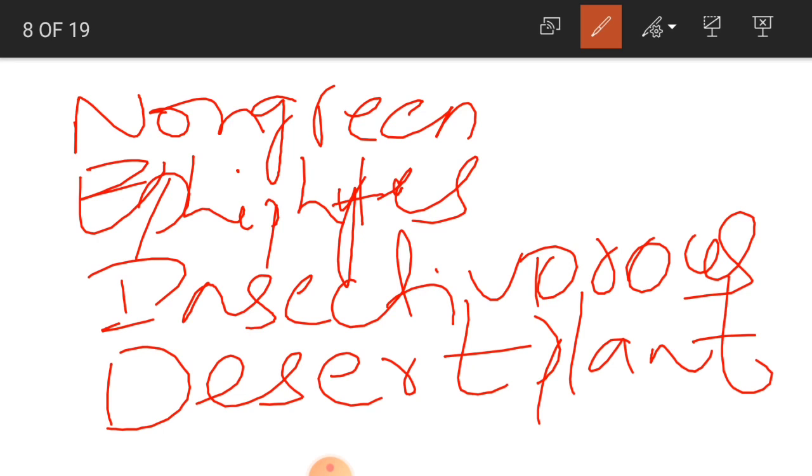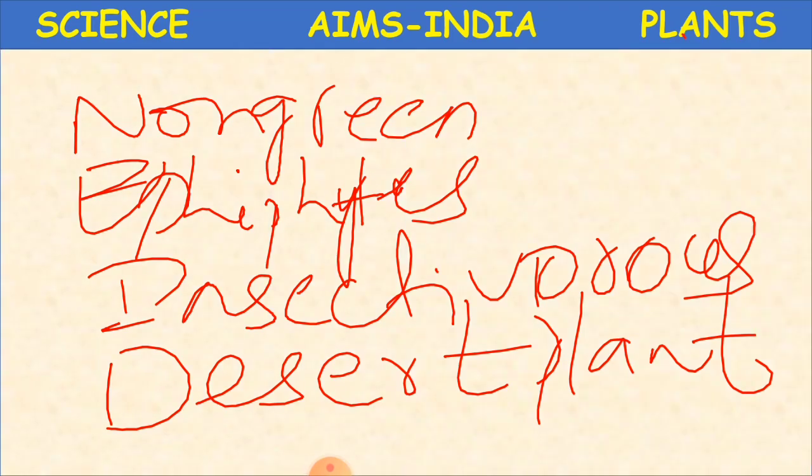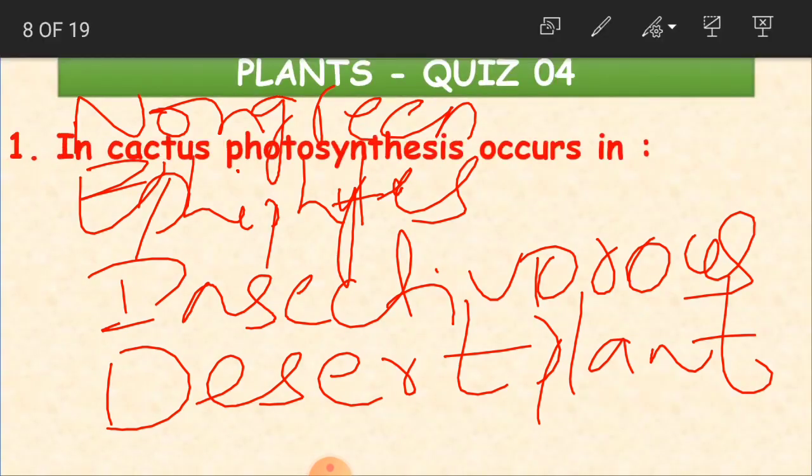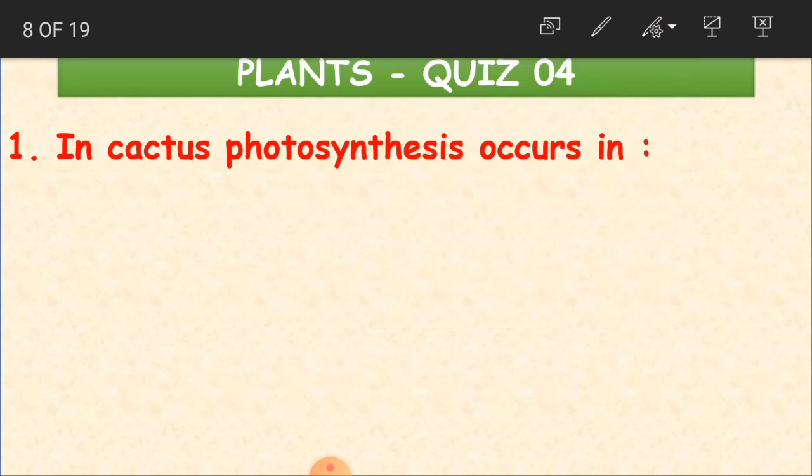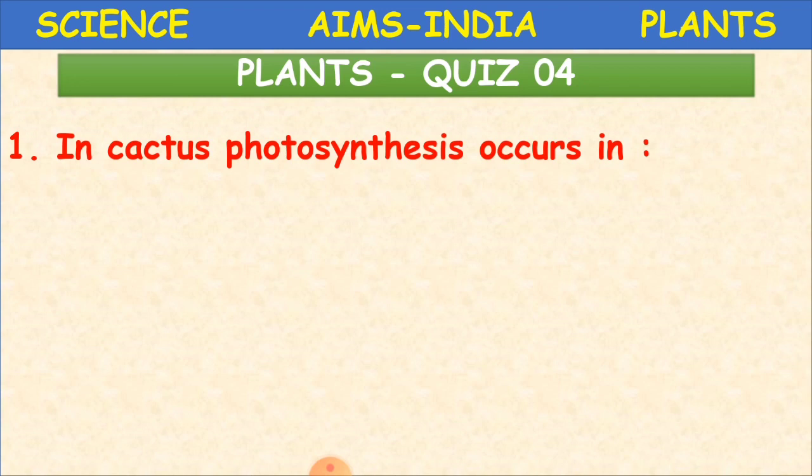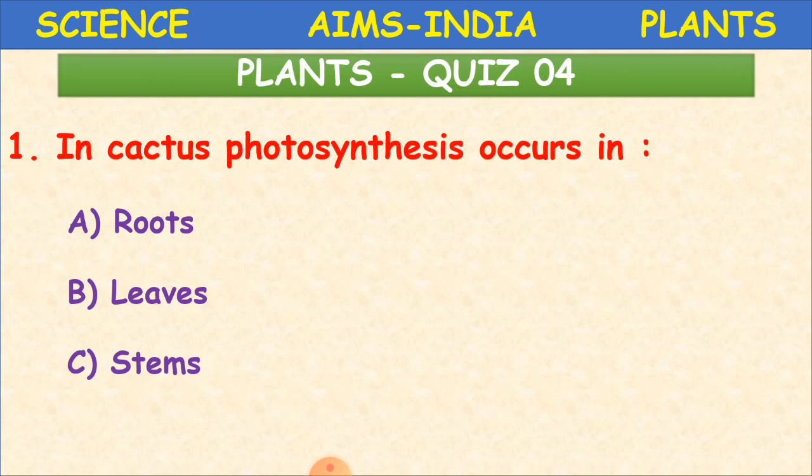Yes. Now we are going to do our revision in the form of question and answer. Okay children? I'll just erase this now. The first question is: in cactus, photosynthesis occurs in roots, leaves, stems or spines.